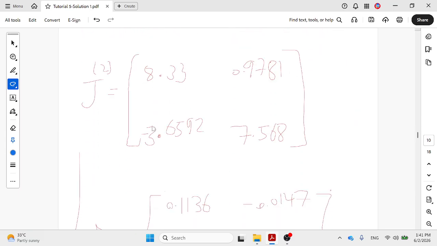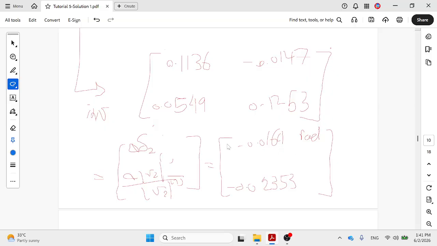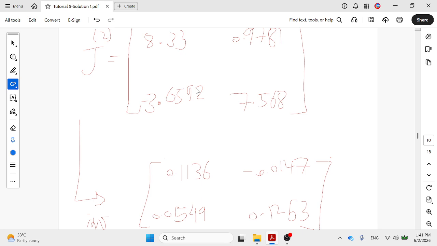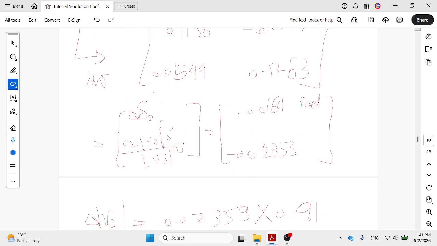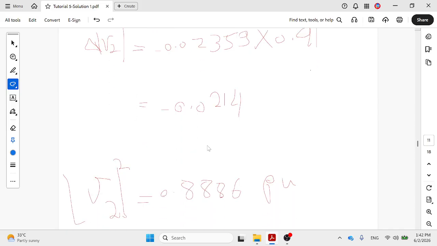This is the Jacobian matrix. You have to calculate the inverse of that one, then times it by the mismatch value and find out delta delta and delta V. And you can see that the new value for delta delta and delta V2 is this value.